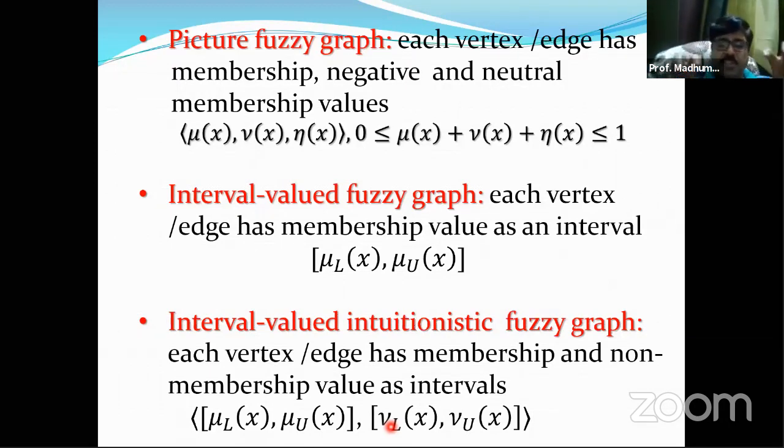And from the combination of interval valued fuzzy set and intuitionistic fuzzy set, we can construct the interval valued intuitionistic fuzzy set. And from this fuzzy set, we can define the interval valued intuitionistic fuzzy graph.